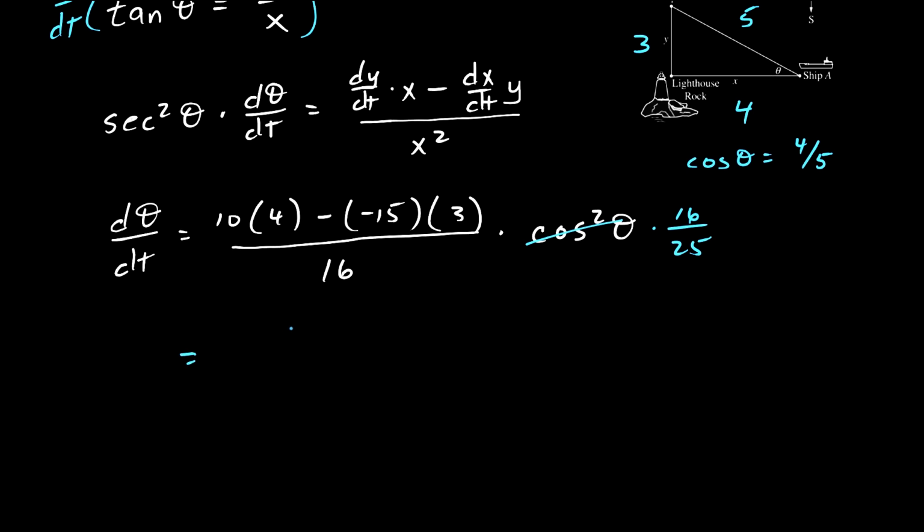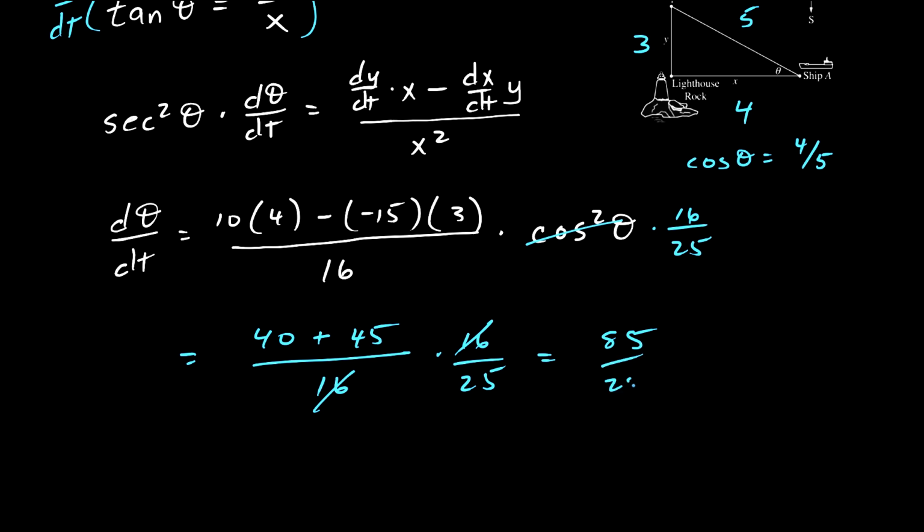So we will have 40 plus 45 over 16 times 16 over 25. That worked out nice. Those 16s cancel, and we're left with 85 over 25, which, yes, 5 does go into each of these. So we can say 17 over 5, and that's going to be in kilometers per hour.